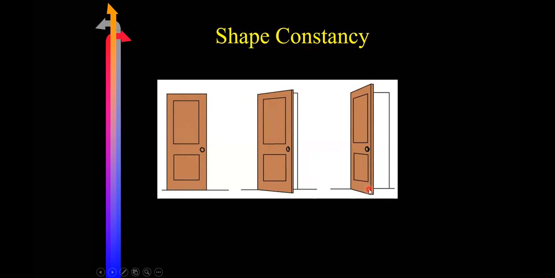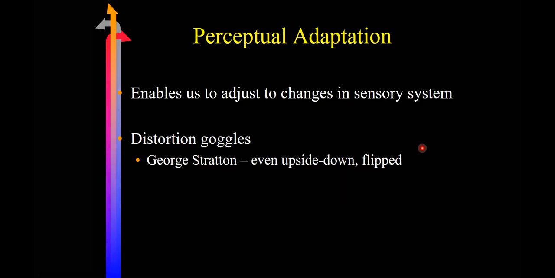So are we fooled by that? Do we go, oh my God, the door changed shape? Nah, we know that it's the same door. It's no different than before. It's now being seen from a different angle. So we're not fooled by that. And you say, well, duh, that's silly, but consider if we didn't have these capabilities, we'd be constantly confused about things in our environment.